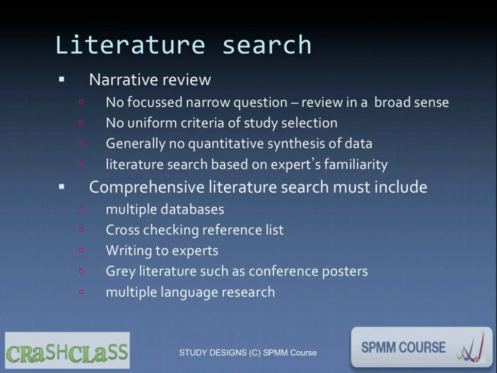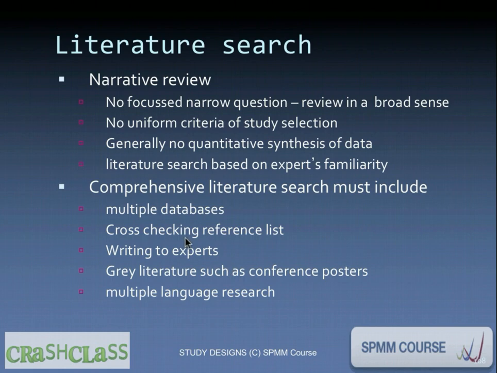So the most important element of a review or a secondary research is literature search. You have to search the literature in a methodical, comprehensive fashion if you're doing a systematic review. For a narrative review, there is no focused narrow question. The review is usually done in a broad sense, and there is no uniform criteria for selecting studies. Usually narrative reviews are done by experts, and these experts start collecting papers based on their own prior knowledge.